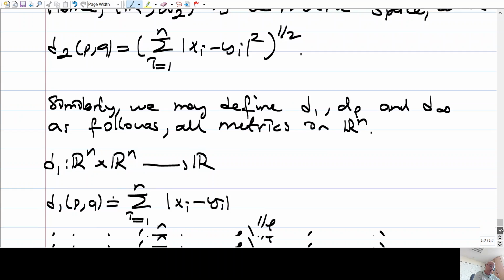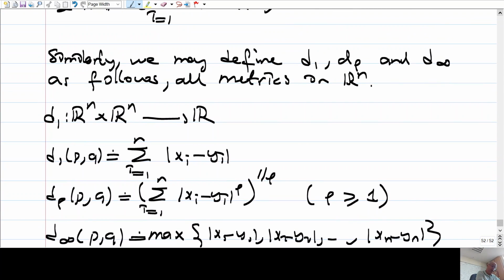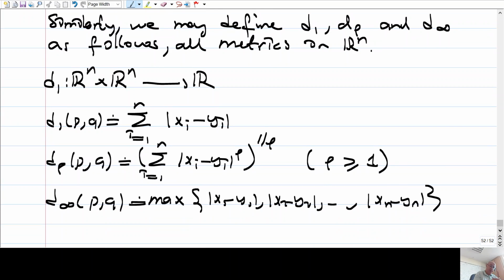What else did we do? We defined three metrics on R^n. Actually, not three metrics, infinitely many metrics. d_1 was defined like this, and for rho larger than 1, d_rho is defined like this. In particular, when rho is 1, of course, you get this.